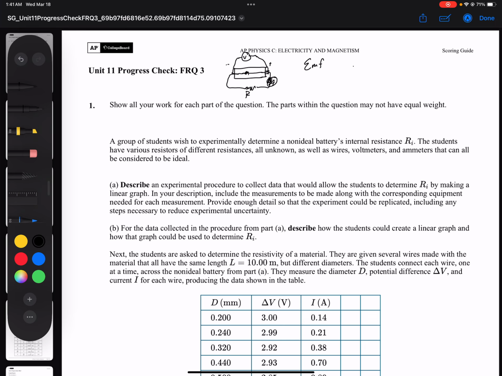So I know that the EMF of the battery is equal to the voltage at the terminals plus the current going through the resistor, right?